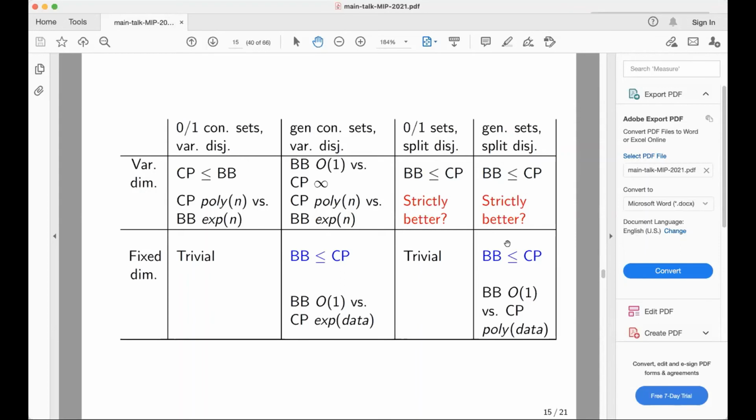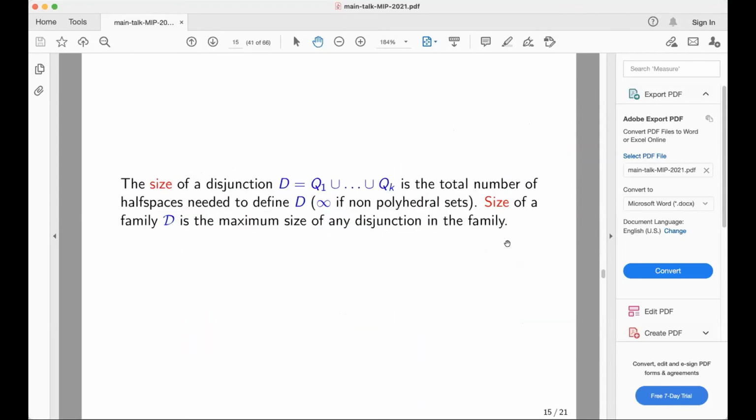Here, the precise theorem we have is the following: the disjunction family is controlled, meaning that the number of inequalities you need to describe your entire disjunction is bounded. That's what I mean by the size of a disjunction and the size of a disjunction family.